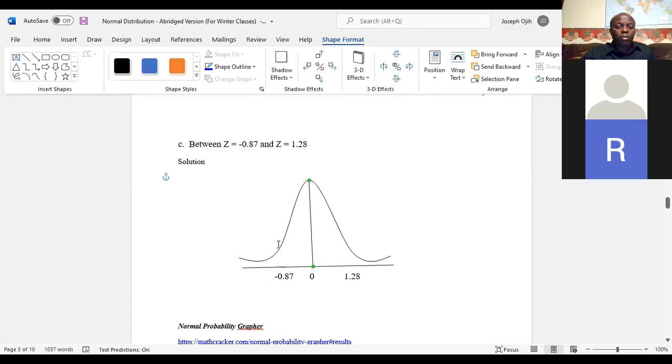Then for negative 0.87, I have it right here, and the other one, 1.28, I have it right here. And you see between them, I shade between them right here.